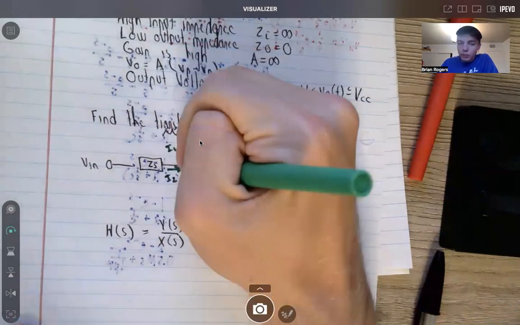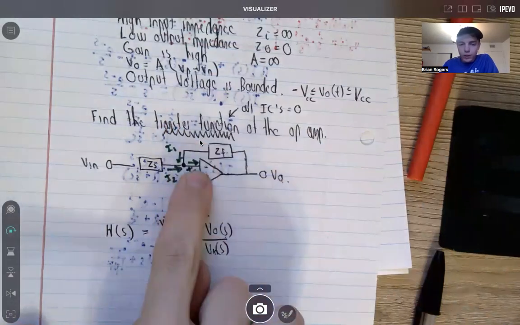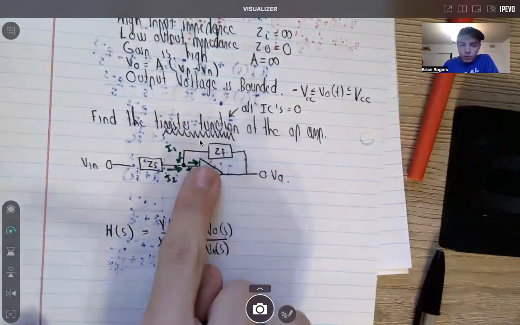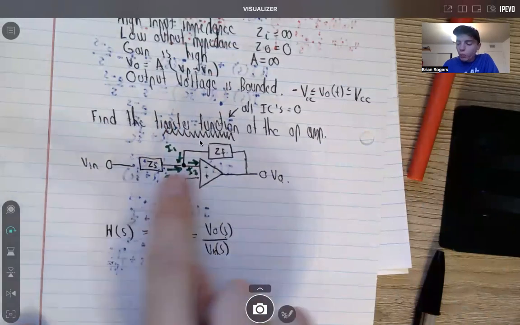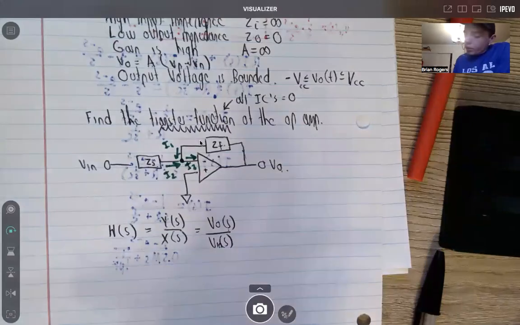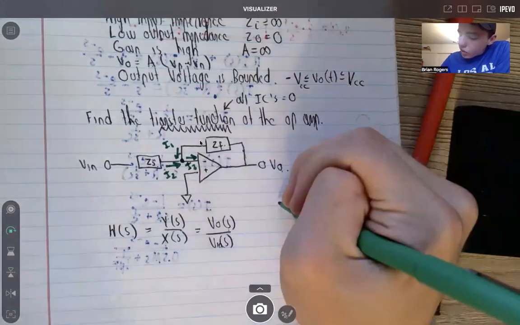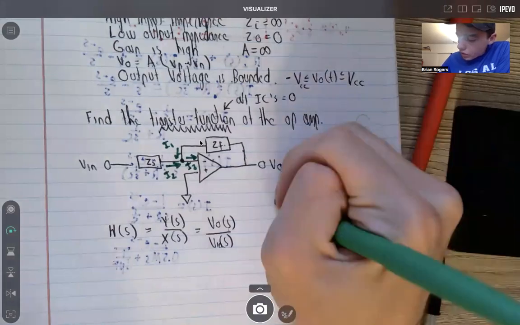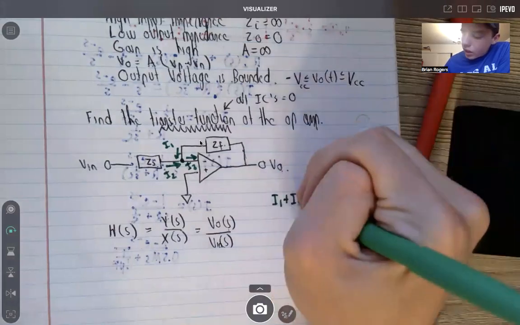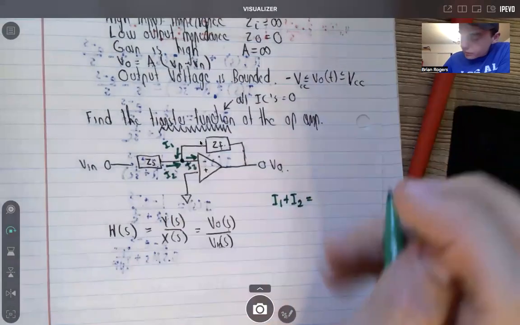So we have one current coming from the output back into the inverting terminal because that's the feedback loop, I1. We have one coming from the input voltage, I2. We have one at the op amp terminal, I3. If I write my equation for what is going in and what is going out, the two currents coming in are I1 and I2, and the current going out of the node is I3.